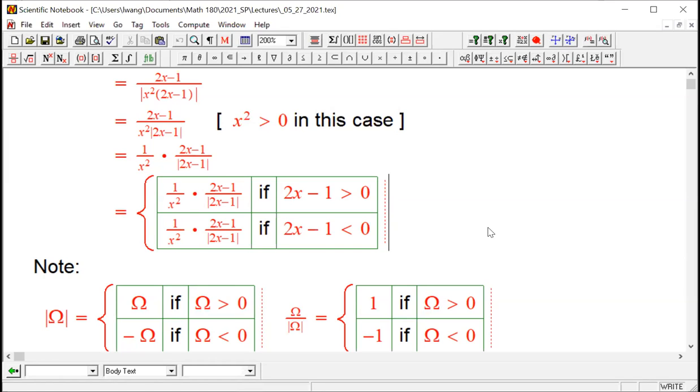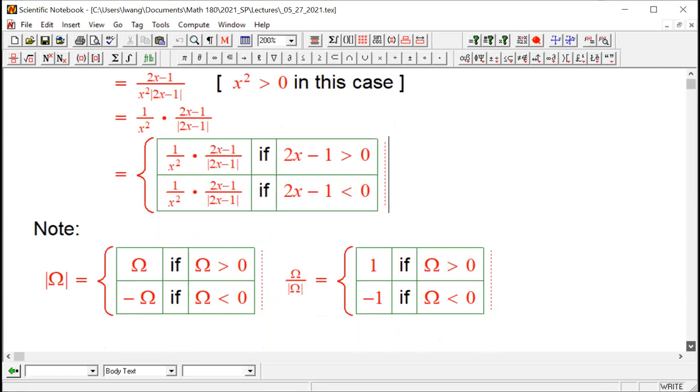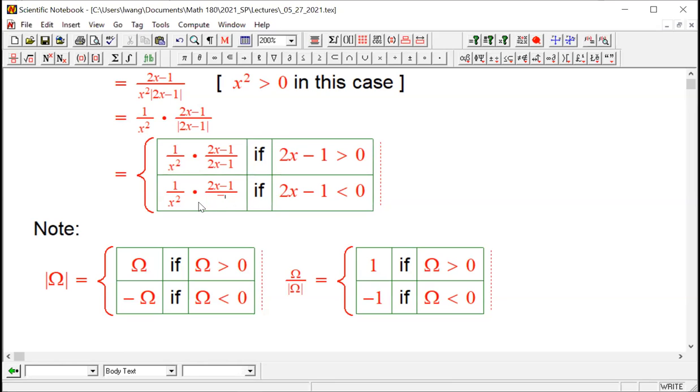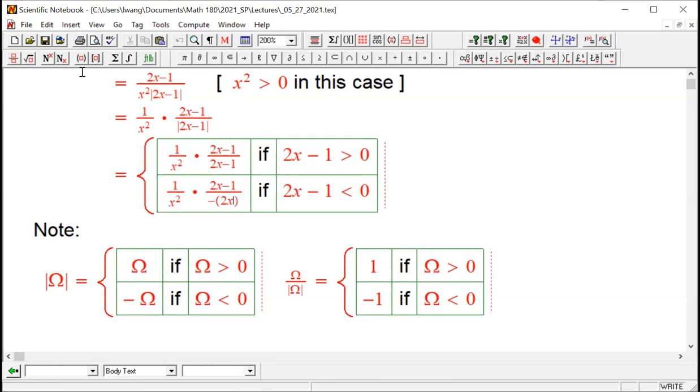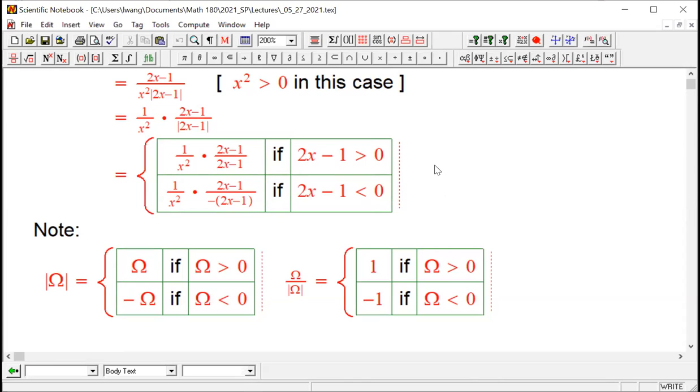If you see there's anything you don't understand or any mistake I make, please point it out. Now when 2x is positive, the absolute value of a positive is the same as the positive number. The absolute value of a negative number is its opposite.